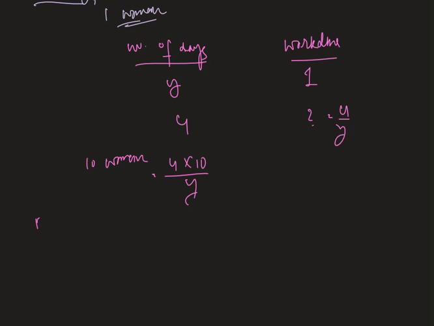And by the question it is given that 4 into 4 divided by X plus 4 into 10 divided by Y is equal to 1/3 of work.